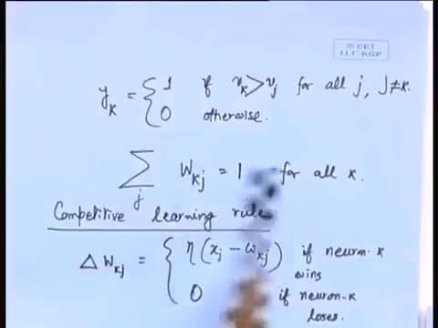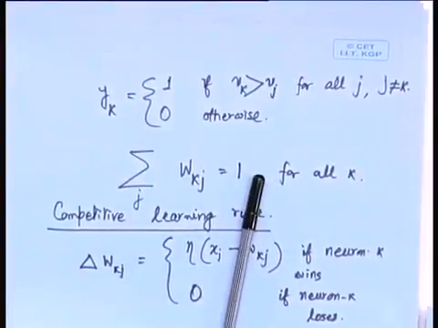So if we decide to increase, let us say, W61 and W64, then to maintain the equation that summation of Wkj equals 1, we will have to reduce some others, so that in total the summation of Wkj remains 1. That adjustment we need to do.